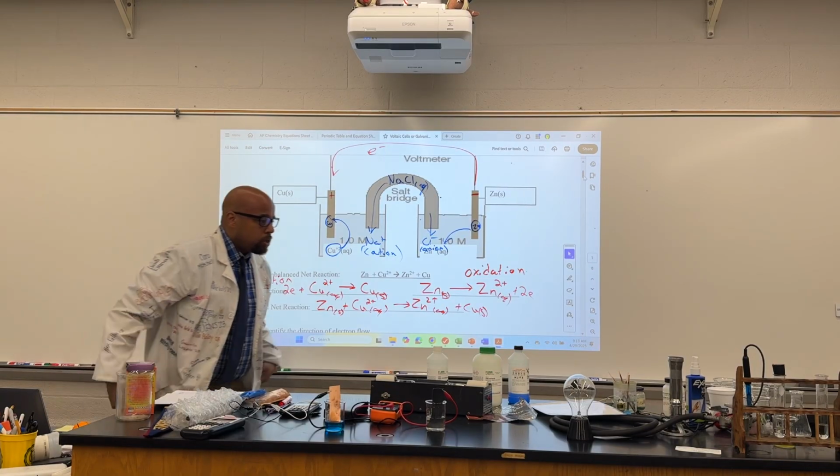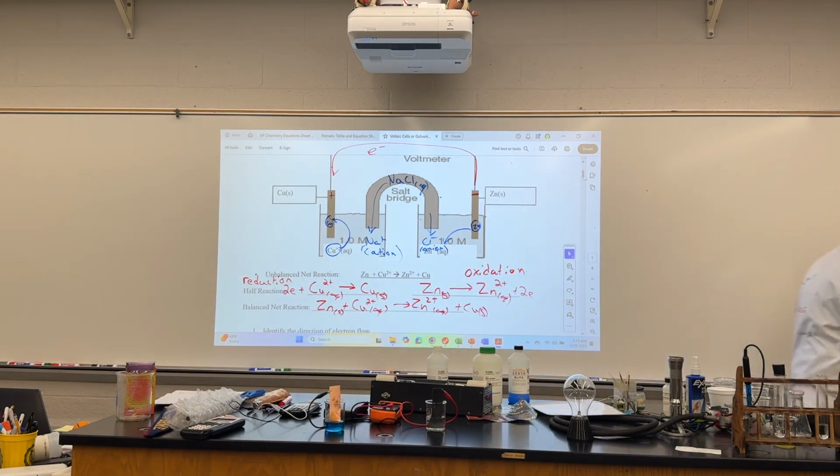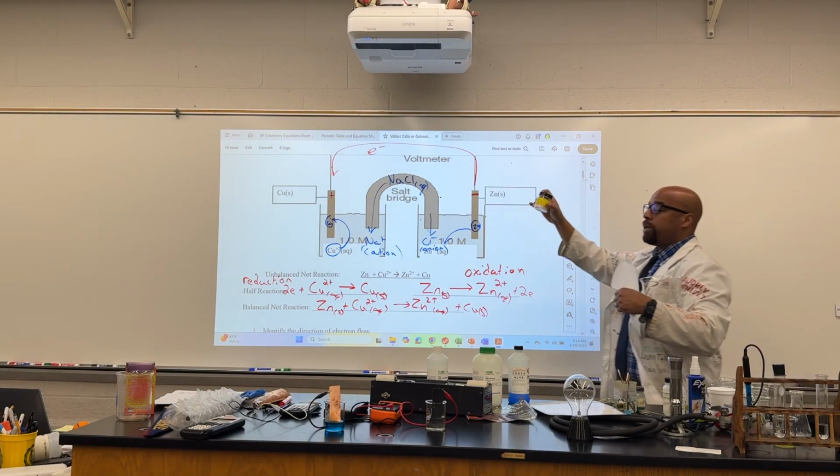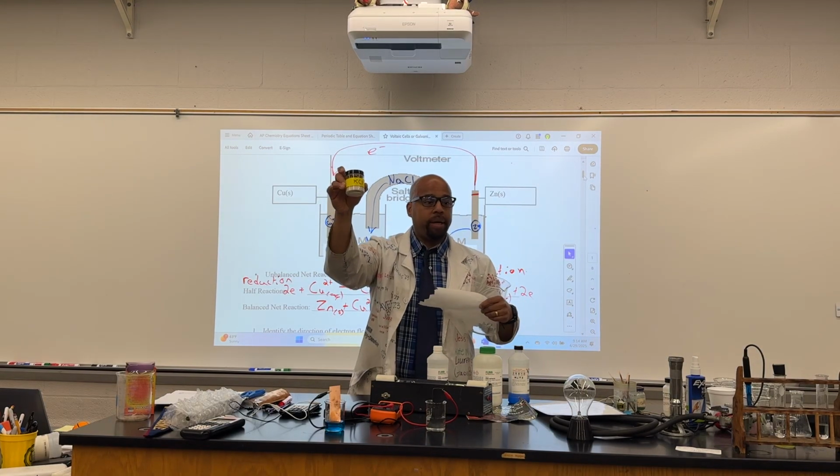So, salt bridge. What am I going to do? I'm going to take a paper towel here, another paper towel, and I need a beaker. I need some salt. Unfortunately, I don't have any sodium chloride in there. But what I do have, and once again, it makes absolutely no difference, is another salt. I've got potassium chloride here.